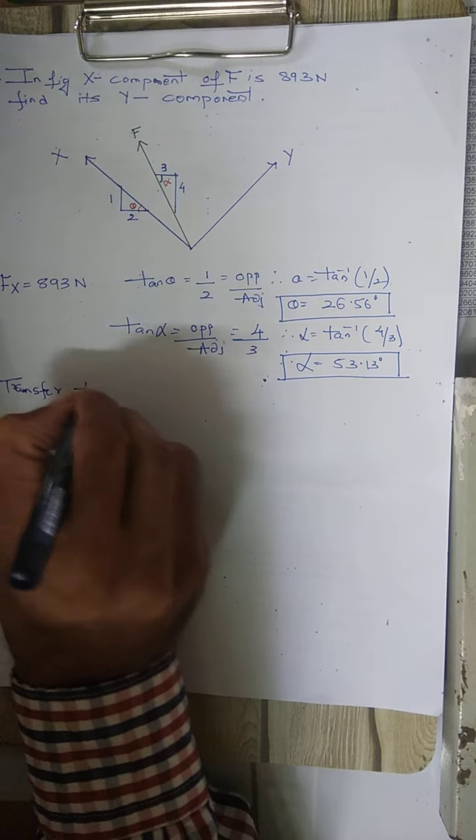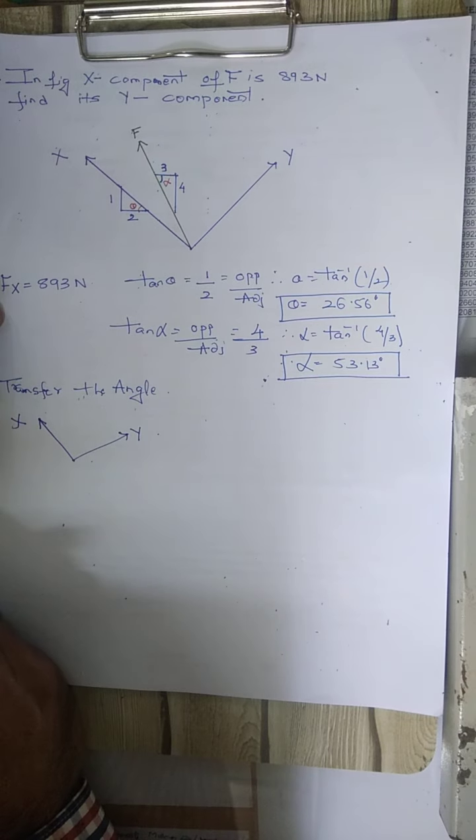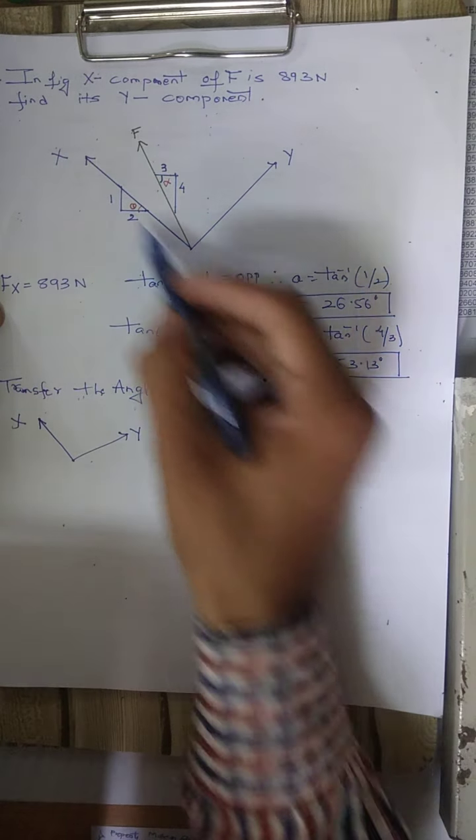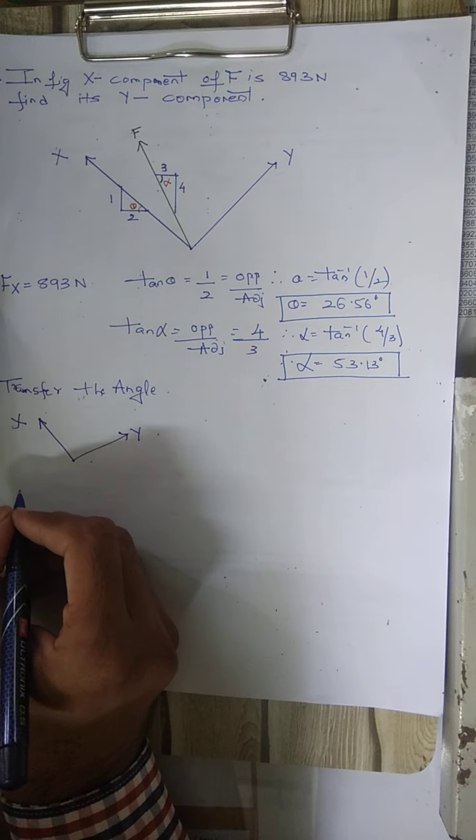How will we transfer the angle? There is a plane in this case, so first I am drawing this plane. This is the x axis, this is the y axis. This is the original x axis and y axis. How will this angle be transferred here?